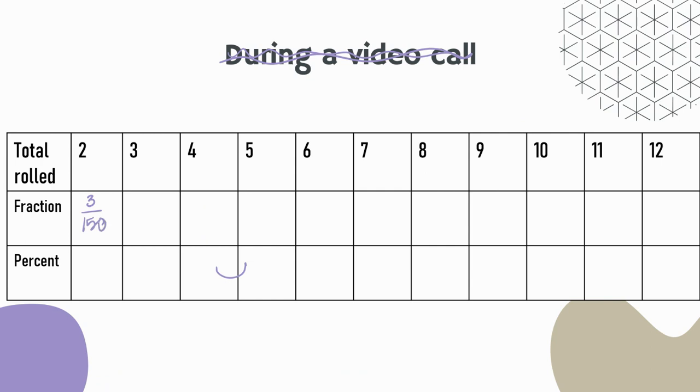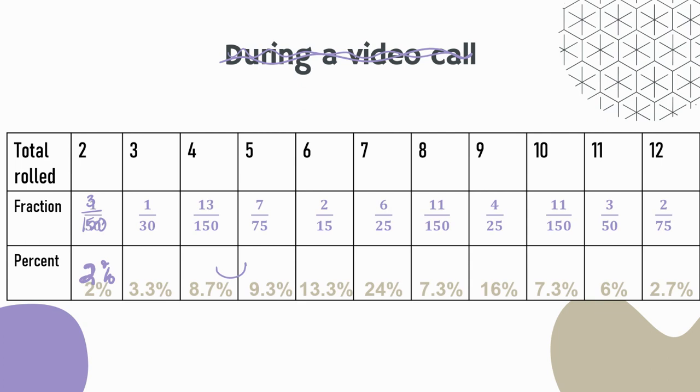And then the percent we find by dividing 3 divided by 150. And that's 0.02 or 2%, okay? And we can do this for any of these values. So here I've got them all figured out so you can kind of see.